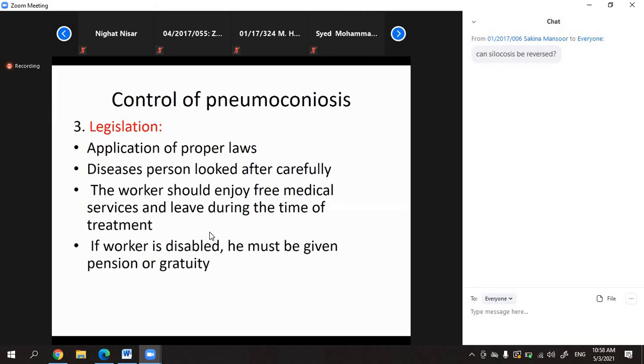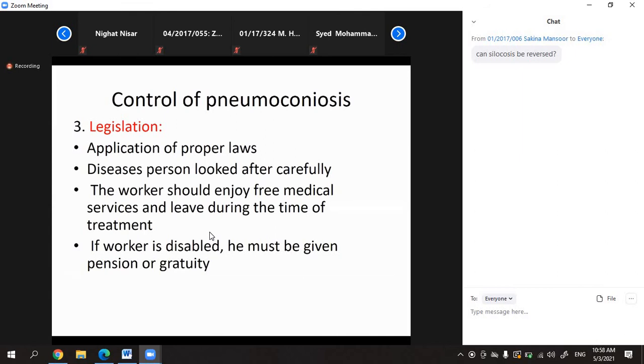All these need to be strictly followed by industries where these occupational hazards are common and causing diseases. Legislation is there, but the more important thing is that it should be implemented properly and followed. So application of proper laws, and diseased persons looked after carefully.